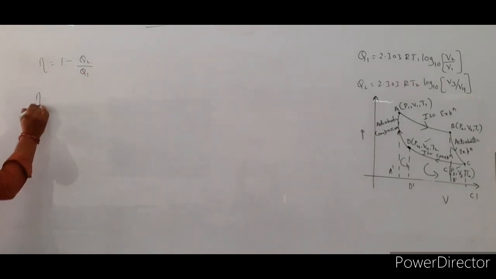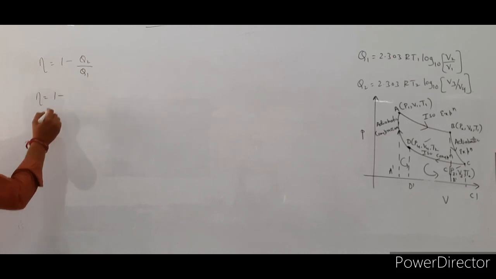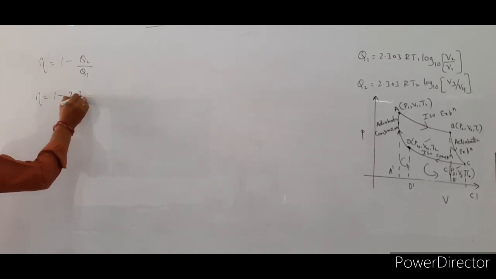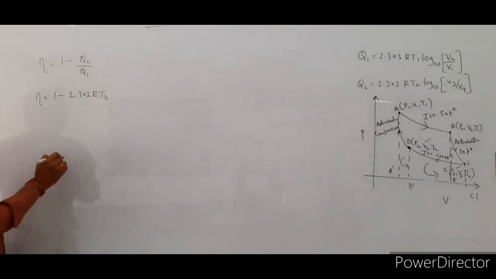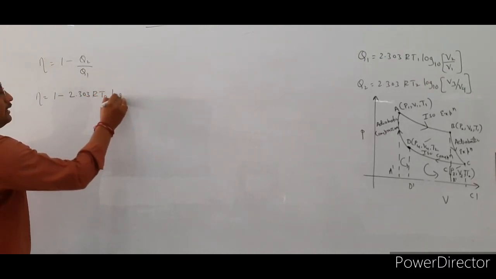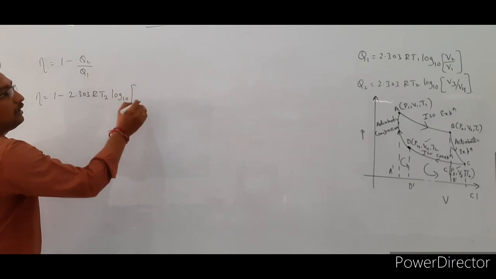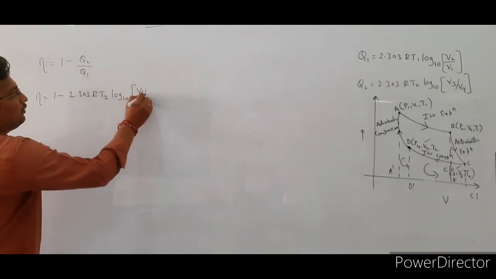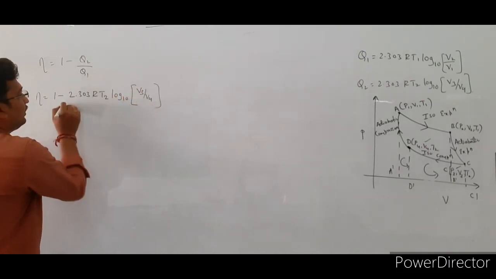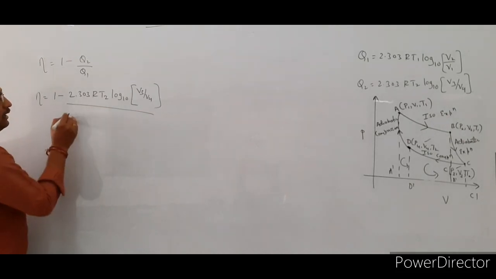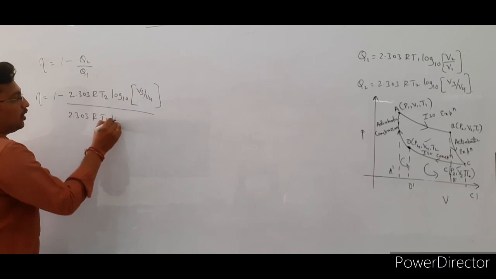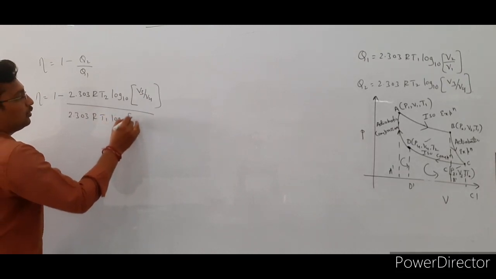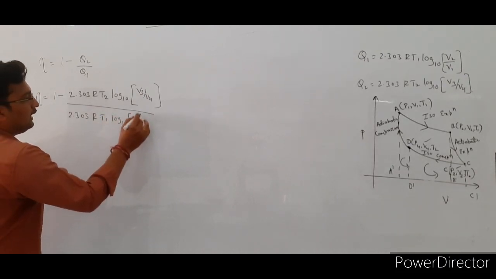Substitute here: eta is equal to 1 minus 2.303 RT2 log base 10 V3 by V4 divided by 2.303 RT1 log base 10 V2 by V1.